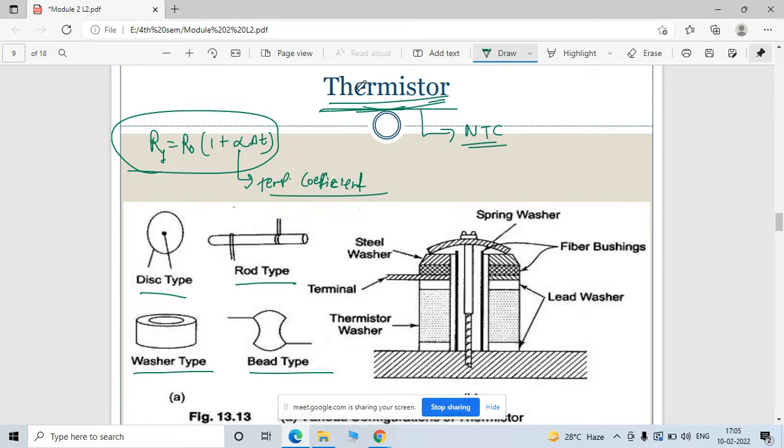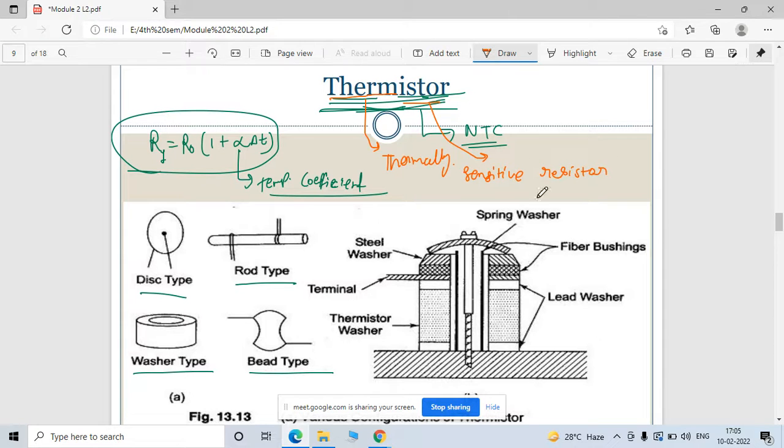One more thing, thermistor is made up of two words, therm and ister. Therm means thermally, and ister means sensitive resistor. So a thermistor is a thermally sensitive resistor.